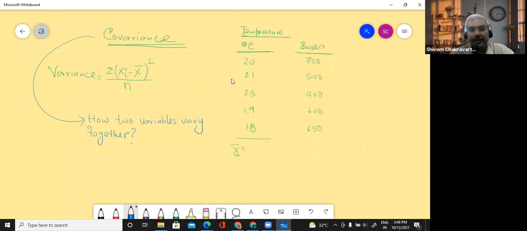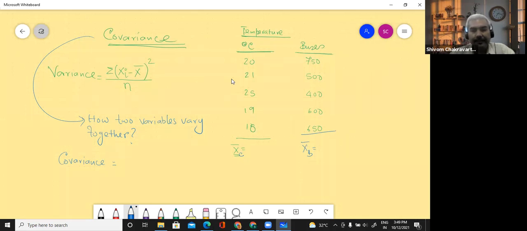Now we have two variables. Now covariance will be, so here for this variable we will have a mean, say x bar C for degrees Celsius, or x bar B for the mean number of buses. So now for covariance, we will multiply the difference of each number from its mean.